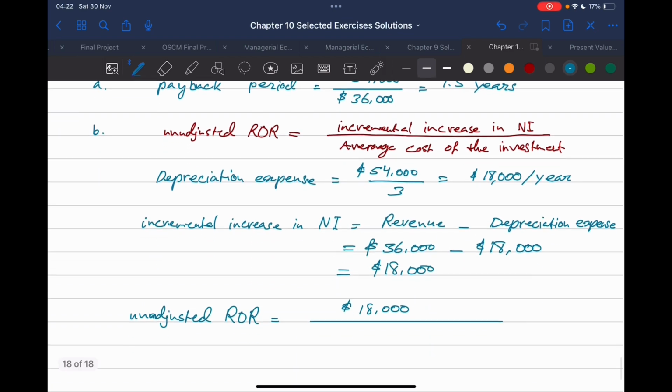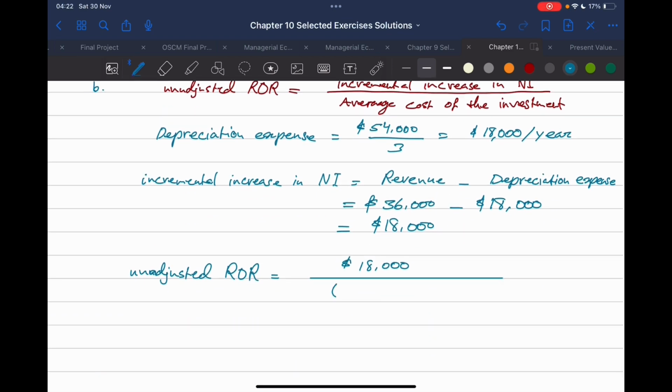We're going to take an average of that, so we're going to divide it by 2. So 54,000 divided by 2.